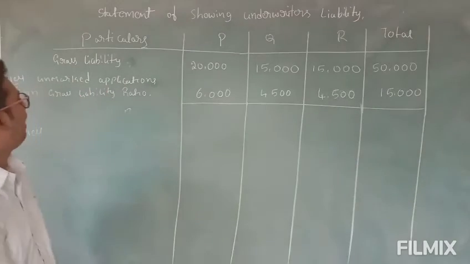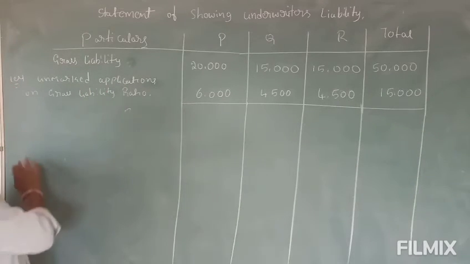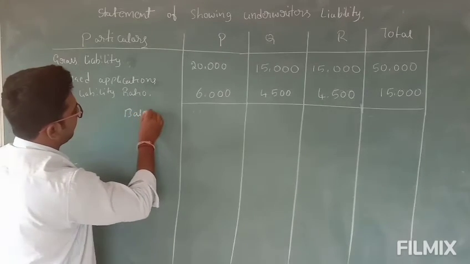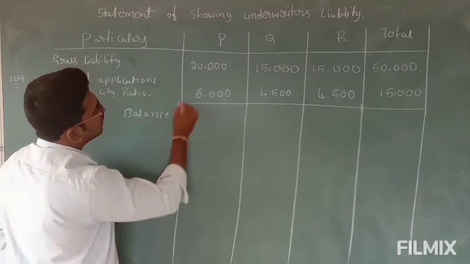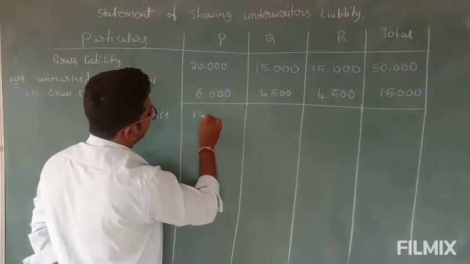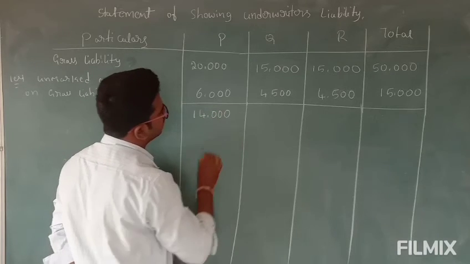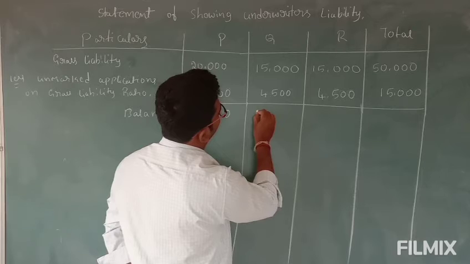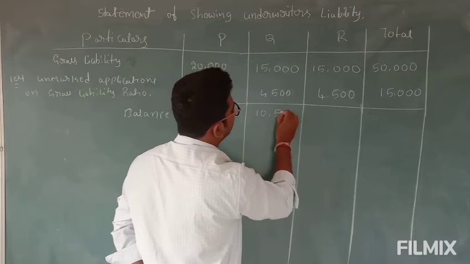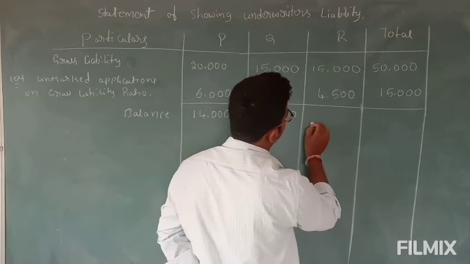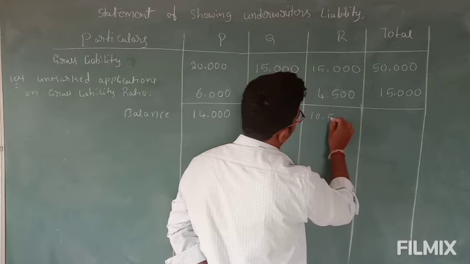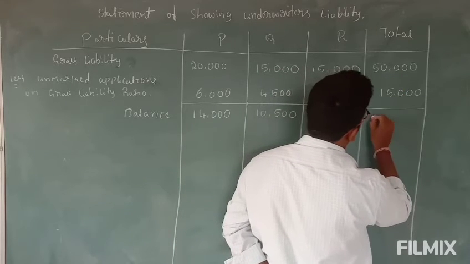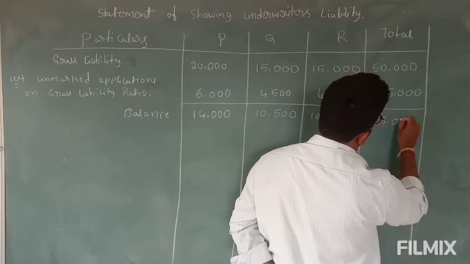So after distributing unmarked applications in the gross liability ratio, we should make a balance. 15,000 minus 4,500, you'll get 10,500. 15,000 minus 4,500, you'll get 10,500. 50,000 minus 15,000, you'll get 35,000.